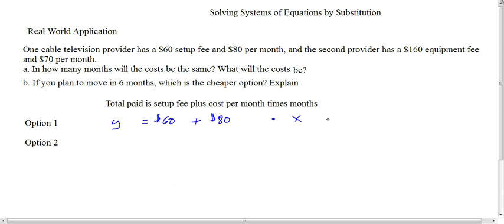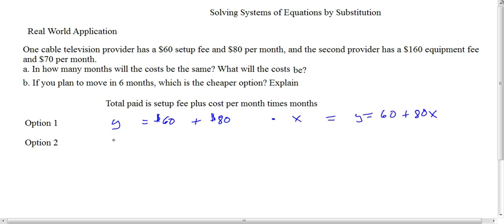So we can rewrite that as Y is equal to 60 plus 80x. Okay, now let's take a look at our second one.